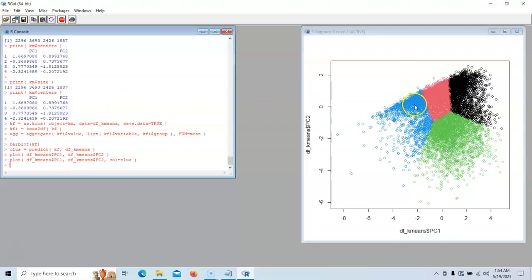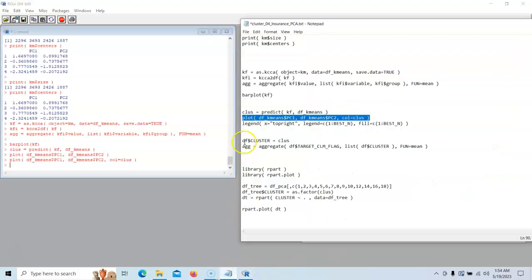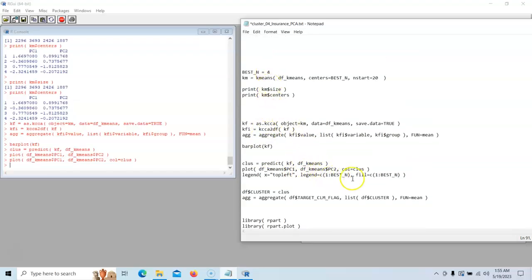Now, wouldn't it be neat if we were able to have a legend, blue, red, black, and green here? Wouldn't it be neat if we were able to actually show what these are? Well, here is a command for you. I can put a legend on my plot, top right. I'm going to make that top left for this one. And then the legend is going to be 1 through best, which is 4, and we're going to fill in the colors 1 through 4.